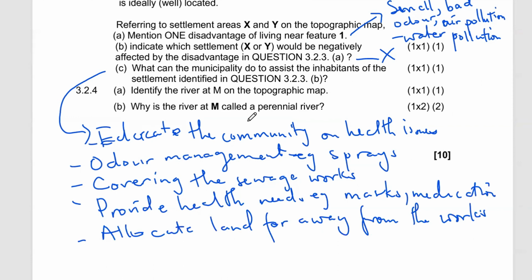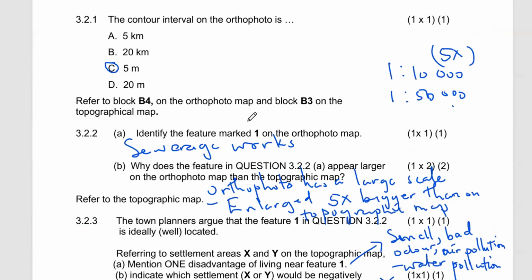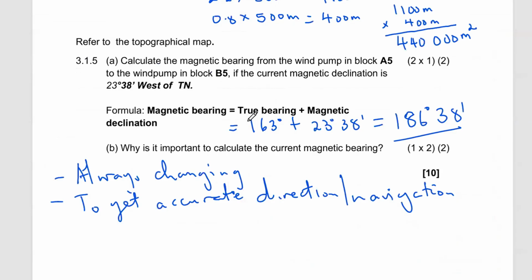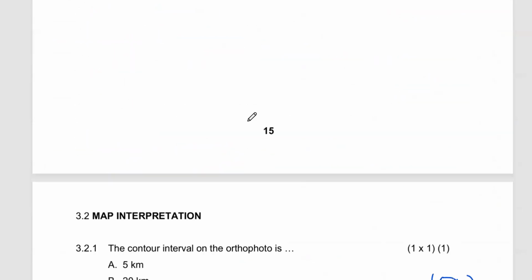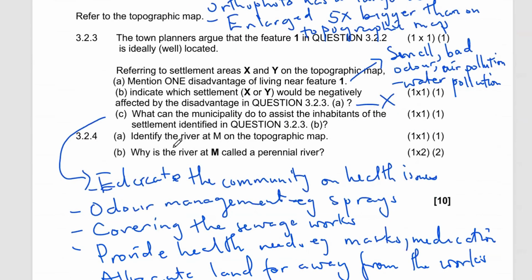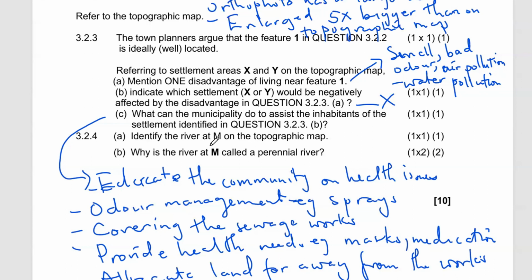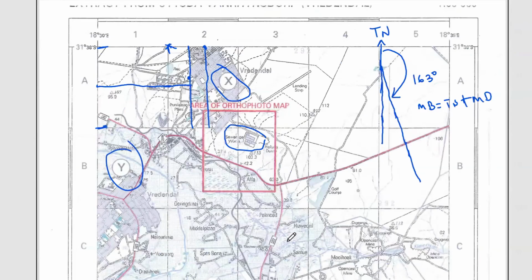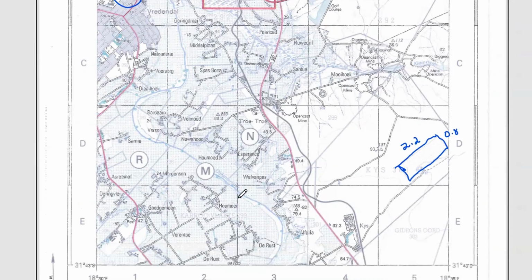Part A says identify the river at M. We want to look at question 2.4, which says identify a river at M. Our M you can see here, and the name of the river is shown along the river here.